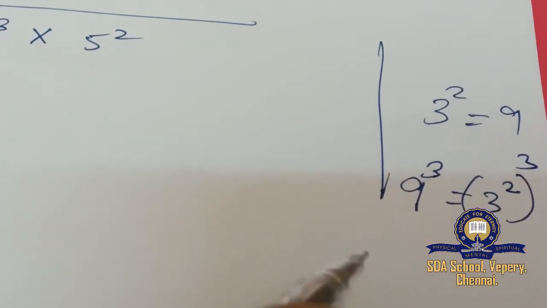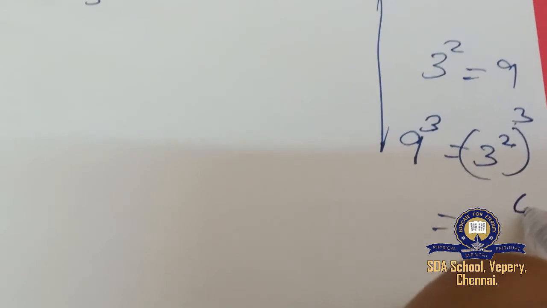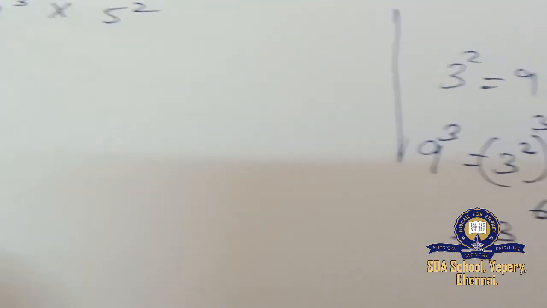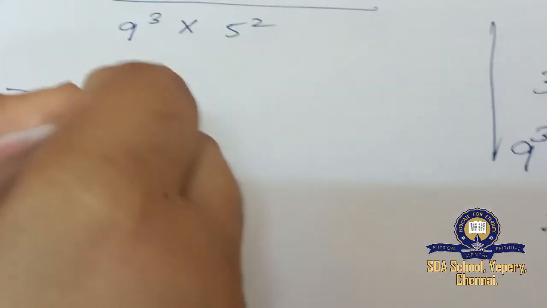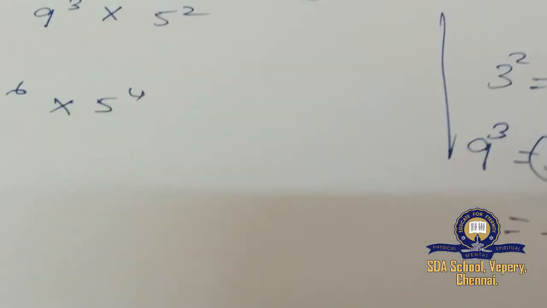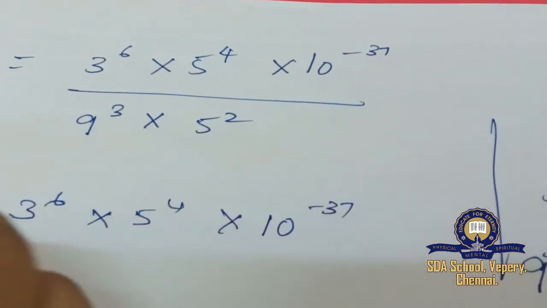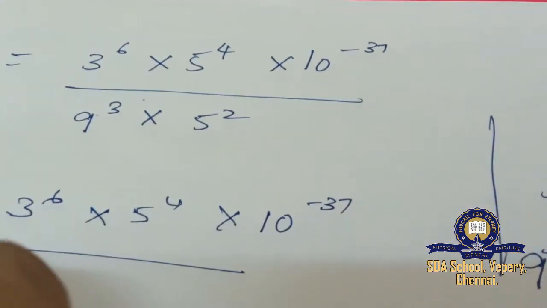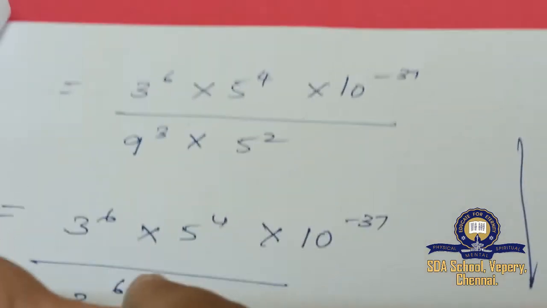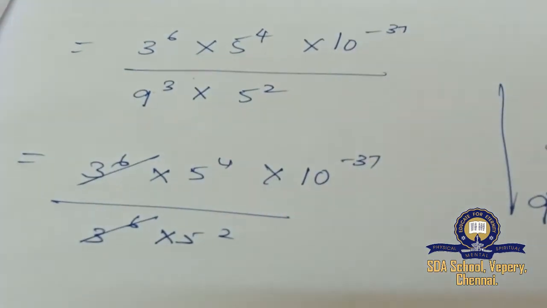I'll write 3 power 6 into 5 power 4 into 10 power minus 37 divided by, instead of 9 cube, 3 power 6 into 5 square. Yes, students. Then 3 power 6 will get cancelled.